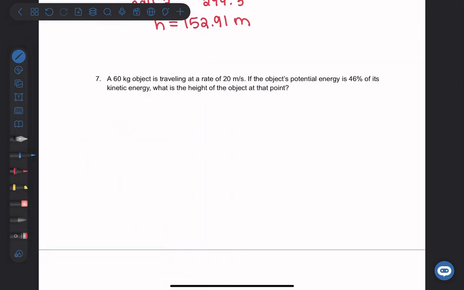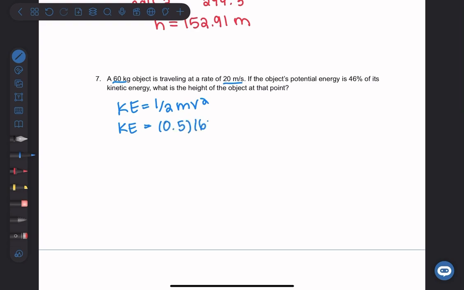Okay. A 60 kilogram object is traveling at a rate of 20 meters per second. If the potential energy is 46% of its kinetic energy, what is the height of the object at that point? Okay, so they give us mass and velocity, or speed, so it means we have to use kinetic energy equation. Let's plug in the values.